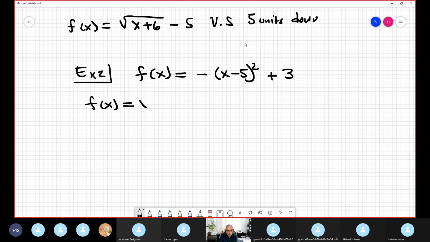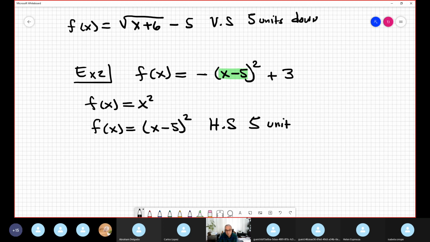What function do I select? x squared, because this function belongs to this family, the square. Now the first transformation according to the order of operations is this. f of x is equal to x minus 5 squared. This is a horizontal shift 5 units to the left, to the right, sorry. To the right because it's negative.